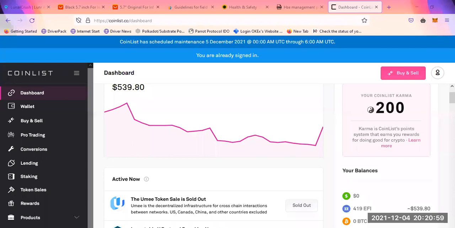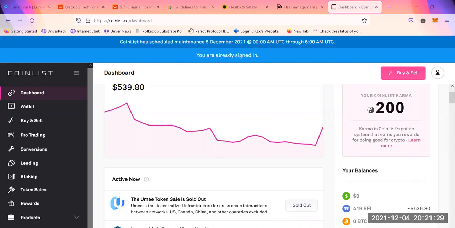Let me go back to the ones I participated in. They are the ones that launched Solana also. They launched the Solana token back in March 2020. And one thing with Coinlist is that most of their tokens, let me say 95%, even if they don't do very well, are very good projects. You can never lose using the Coinlist app.